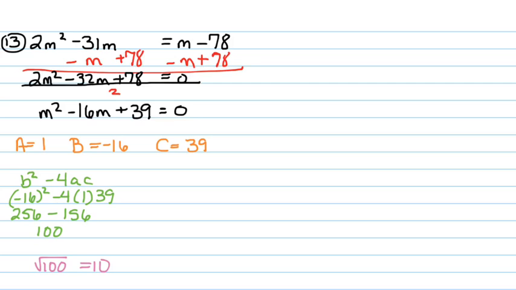So I'm going to go into the quadratic formula. M equals negative b plus or minus the square root of b squared minus 4ac, all divided by 2a. And so opposite b is going to be a positive 16.